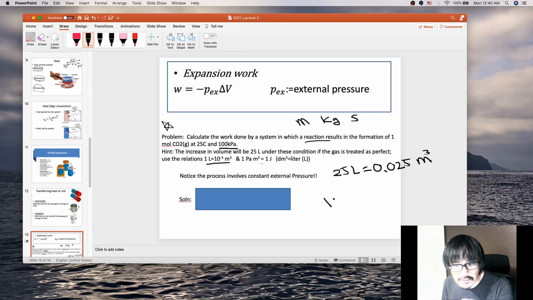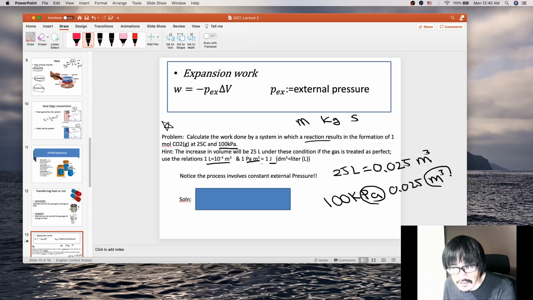And then we have this 100 kilopascal multiplied by 0.025 cubic meter. Now another hint right here is that a pascal times a cubic meter is 1 joule. So that's going to make a kilojoule, which is 2.5 kilojoule.